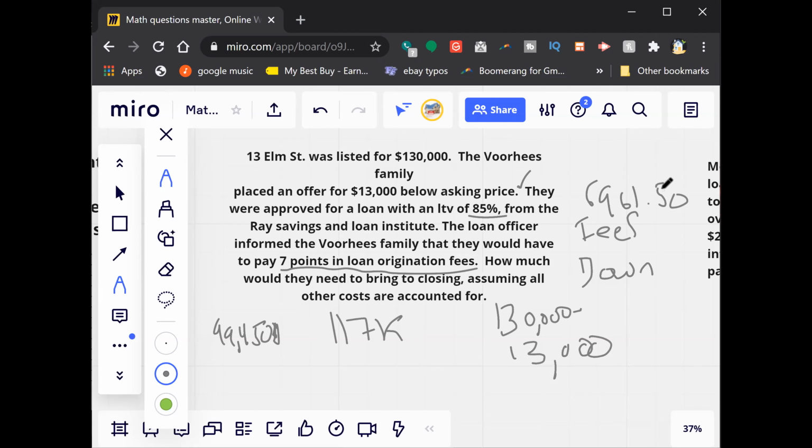Now, how do we figure out the down payment amount? We would subtract the sale price minus the loan amount, right? So 117,000 minus, oh, nope.